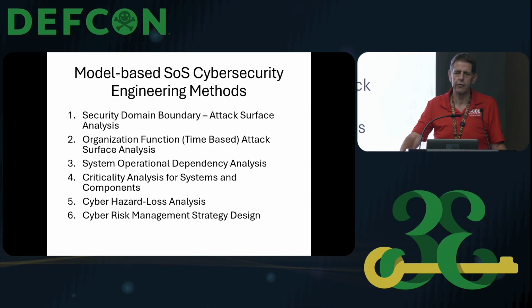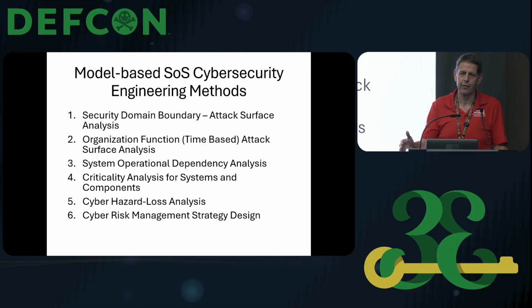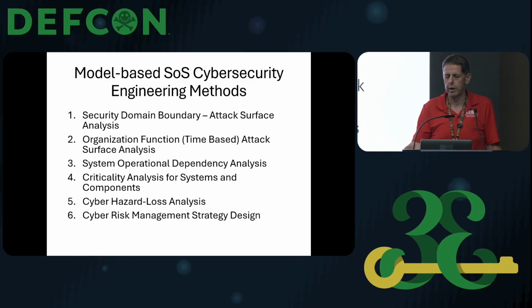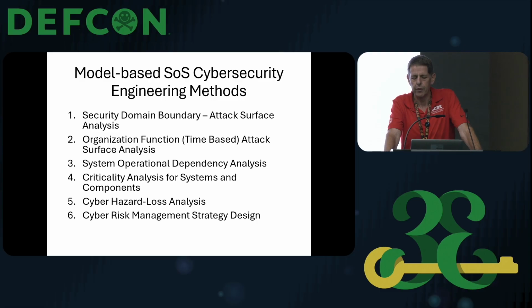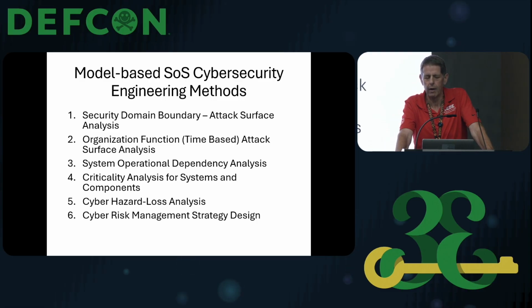If you look at NIST CSF 2.0, the identify function, they talk about having a list of your digital assets. What they don't talk about at the level they should is the interdependency or the coupling of those assets with each other, right? And so you need to really get in there and sort that out.